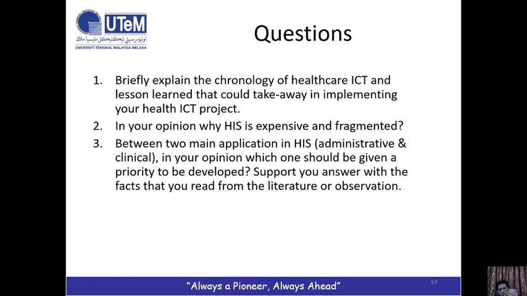Because if the administrative function is not implemented clearly, then it becomes havoc. The health workers that work in the administrative department will have problems, and then when the order comes to the lab, the lab fees cannot be charged, because the price and also the cost of the healthcare cannot be calculated.